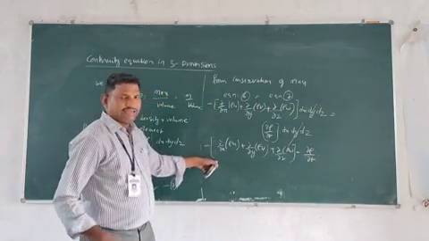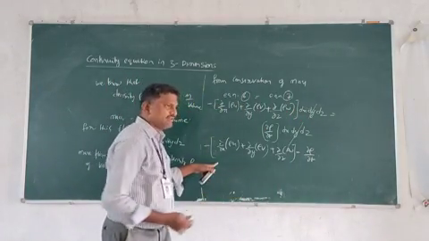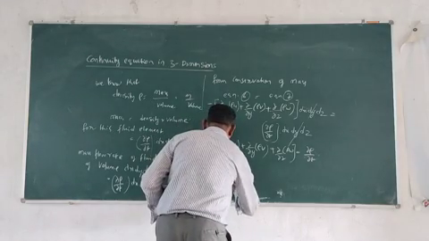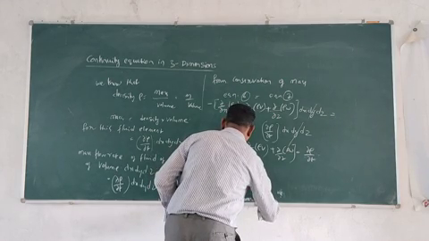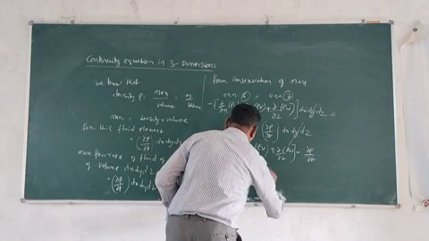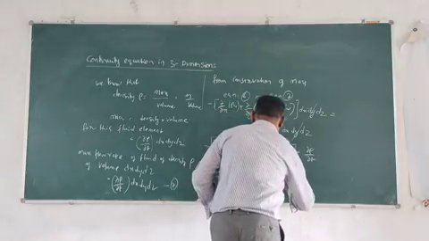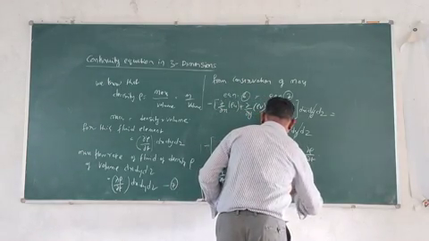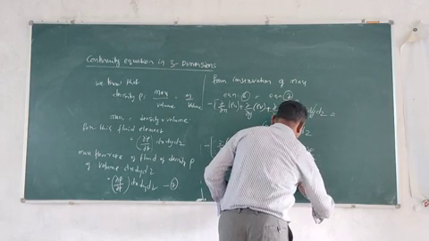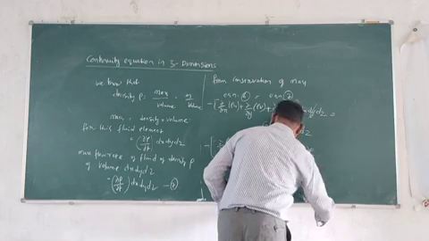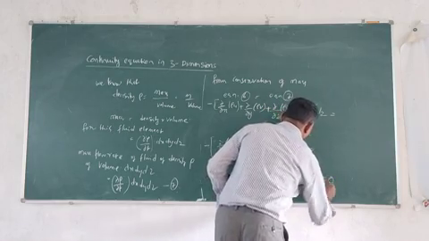Take the left-hand term to the right side of the equation: ∂ρ/∂t plus ∂/∂x (ρu) plus ∂/∂y (ρv) plus ∂/∂z (ρw) is equal to 0.